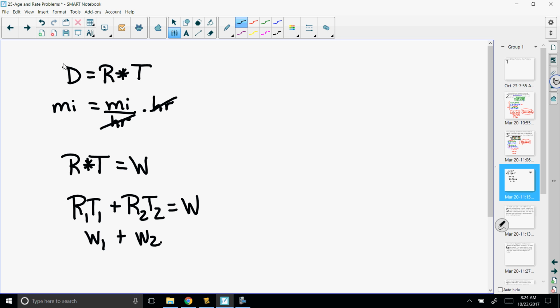We can work with another type of rate equation where it deals with number. So the number of jobs or the amount of work can be equal to number times rate times time. That's another type of rate equation that we can have.